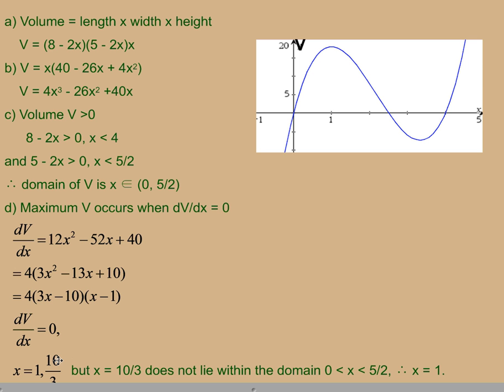And 10 over 3, which would be 3 1/3, which would be this point over here, certainly gives us a stationary point, but it's indicating a minimum volume, which is negative, and it's outside the domain, which is between 0 and 2.5. So this one's not valid for our domain.